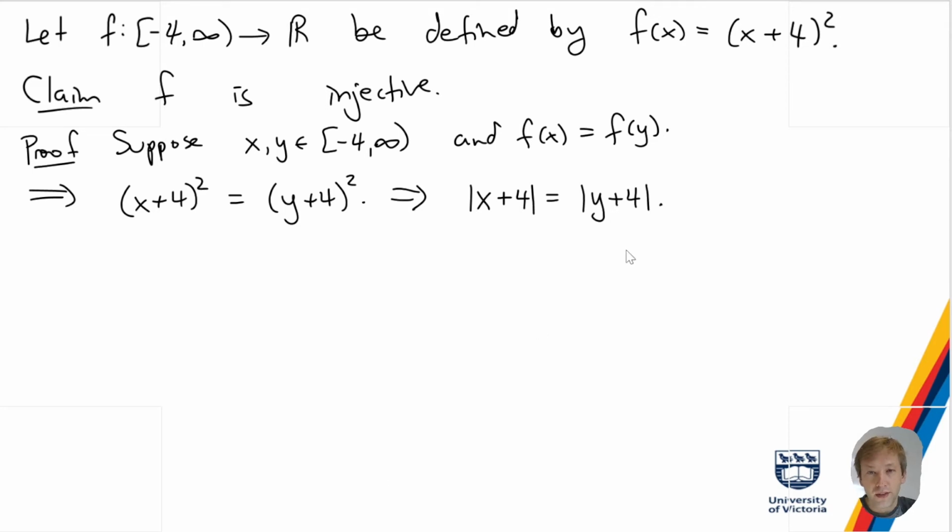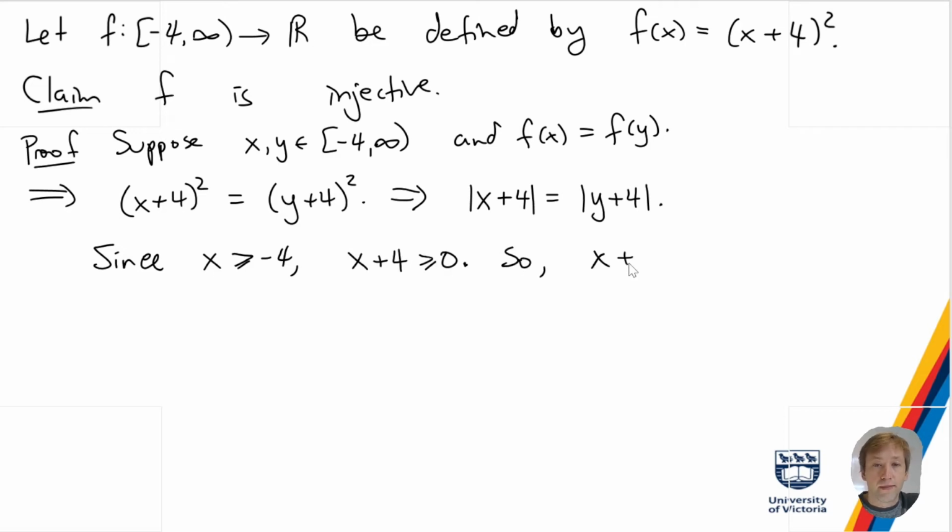Now here's where the domain comes in. Everything I've written so far would have been true even if I had the domain being all real numbers, like we had before when it wasn't injective. But now the difference is, now that the domain is only numbers which are at least as big as -4, we can say that since x is at least -4, we know that x plus 4 is at least 0.